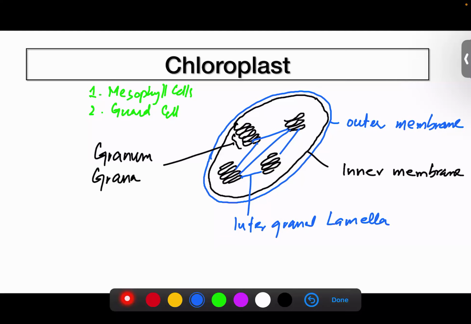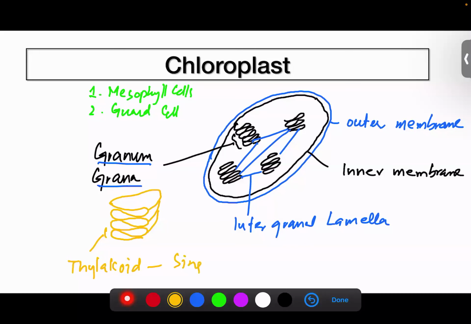The folded membranes in the grana are, as I said, stacked one above the other. So if we look at this stack of folded membrane, one fold of single membrane is known as thylakoid. So you can see this single fold of membrane is thylakoid, and stack of many thylakoids is known as granum.